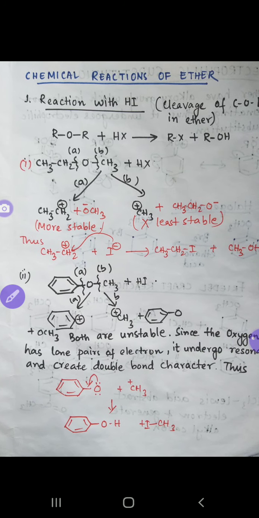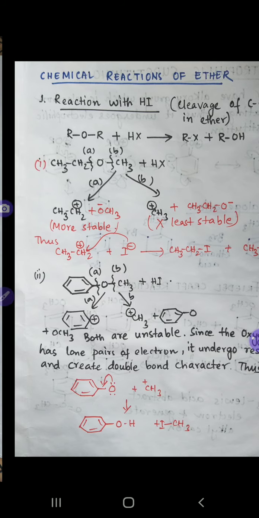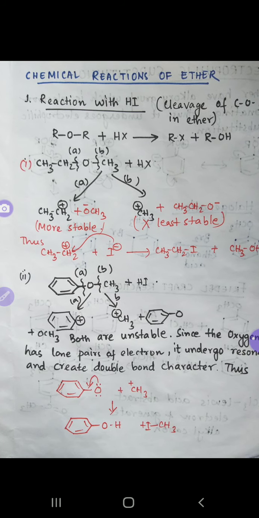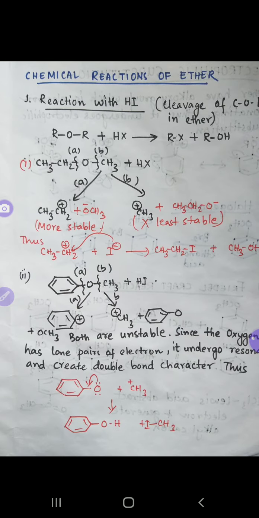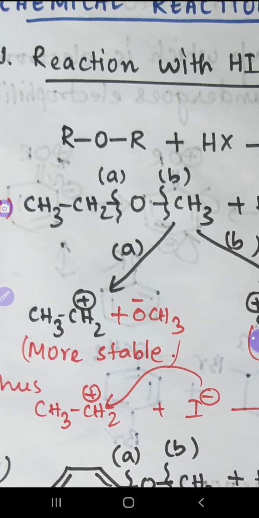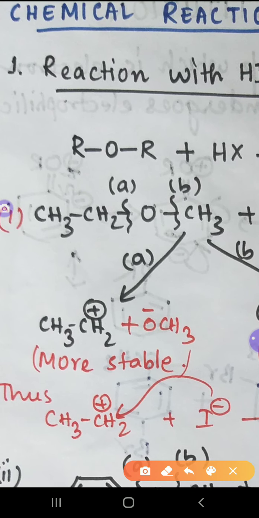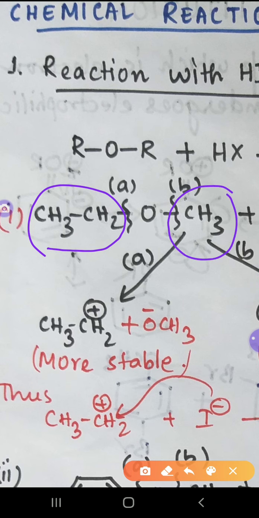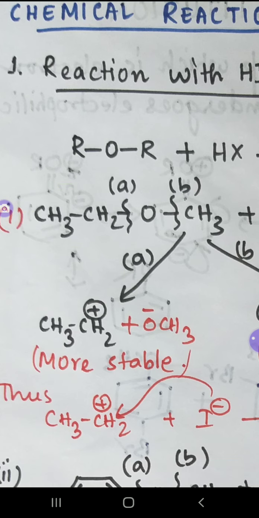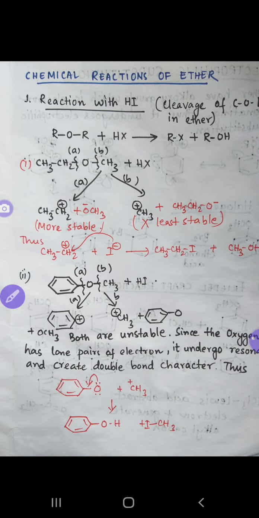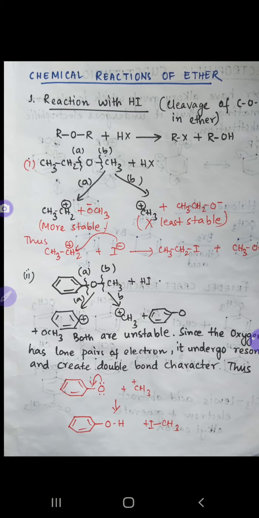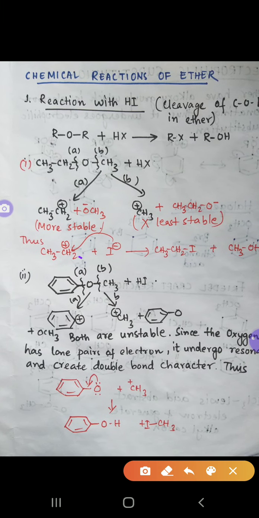In the first reaction we observed, we determine the product depending on the stability of alkyl groups. For example, whether ethyl is more stable or methyl or whatever the other alkyl group, we have to consider this when there is an alkyl group on both sides, right? And second, you have to think whether there is a phenyl group attached.